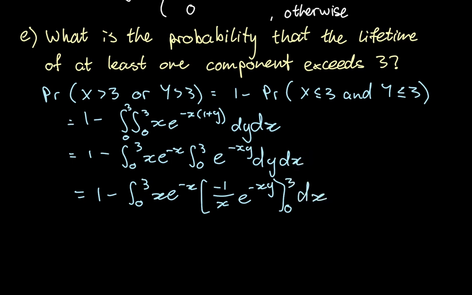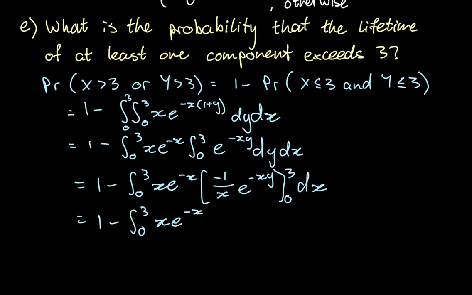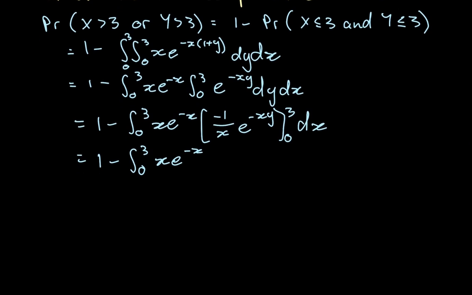Okay, so now I have to substitute in 3 here for y. So I have 1 minus the integral from 0 to 3, x e to the negative x. Now, I have minus 1 over x e to the negative 3x. And then I evaluate this expression at y equals 0.